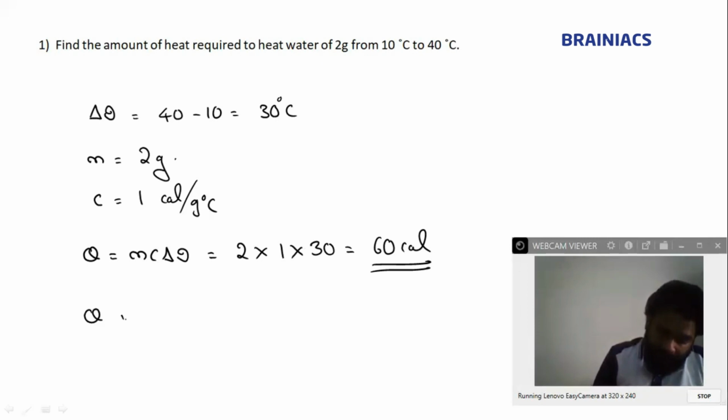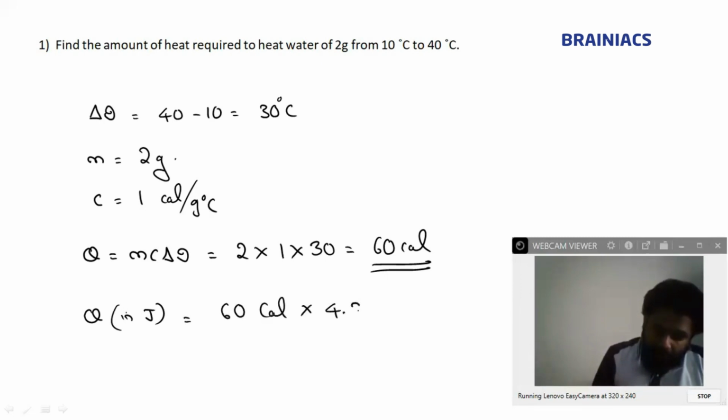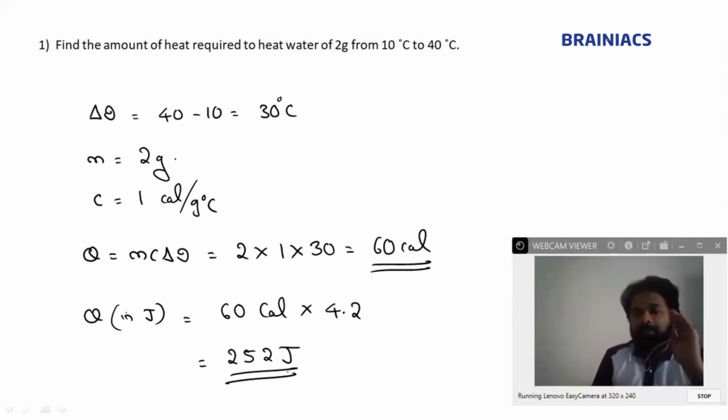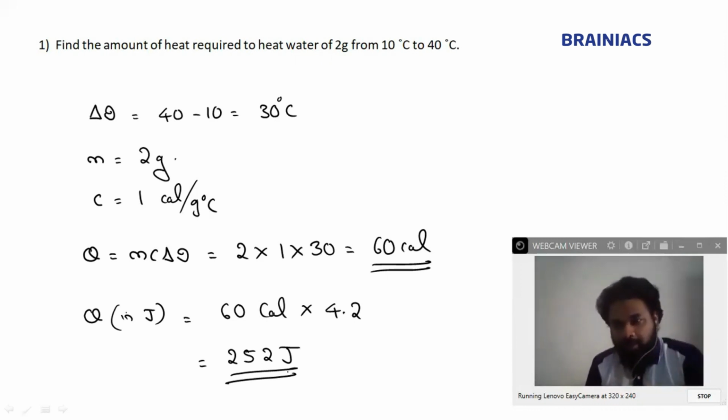So Q in joule is equal to, just to convert 60 calorie, multiply 60 calorie by 4.2. If you multiply with 4.2, we will be getting somewhere around 252 joules. So the conversion is nothing but calorie into 4.2. We can convert the entire thing into joules.